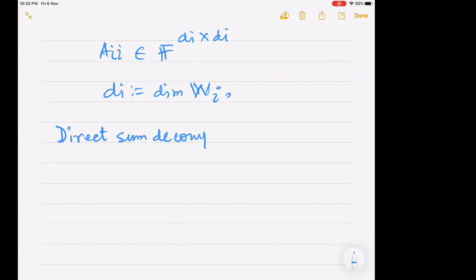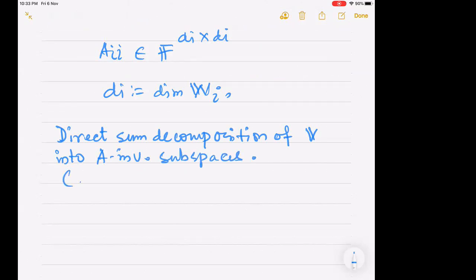One might also add smallest possible A invariant subspaces, because we want a block diagonalization beyond which we cannot decompose any further. Right? That's the best possible thing that we can do beyond diagonalization.